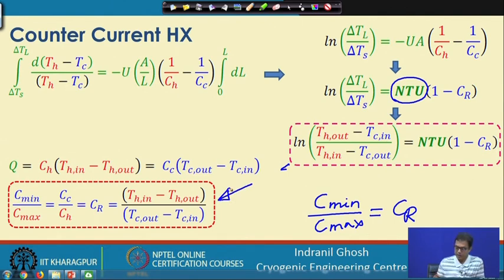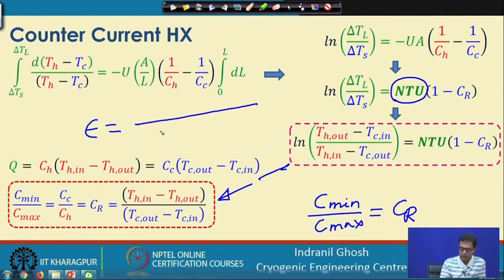and if we slightly manipulate these two, and if we take the heat exchanger effectiveness expression epsilon is equal to, here what is the minimum capacity fluid? C_C is the minimum capacity fluid, the cold fluid is the minimum capacity fluid.